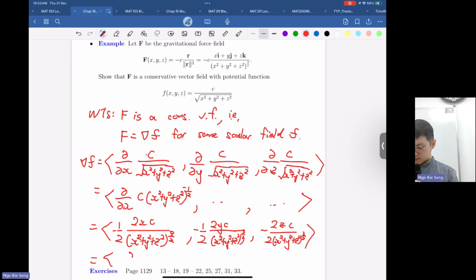So you get xc over x squared plus y squared plus z squared to the power 3 over 2, and yc minus, so we still have a minus sign, that c also over x squared plus y squared.